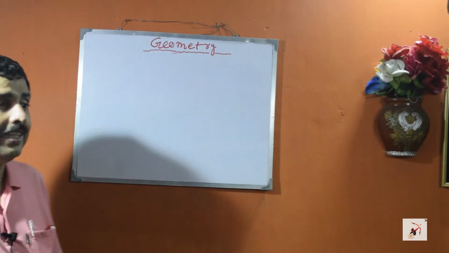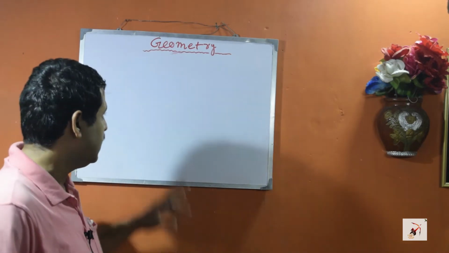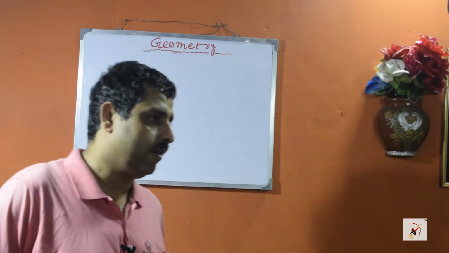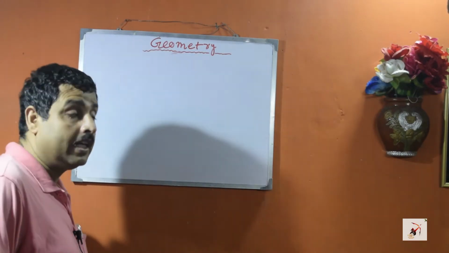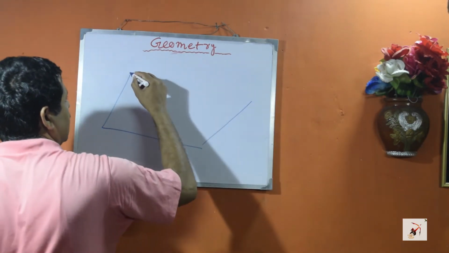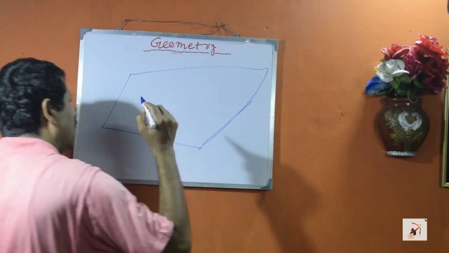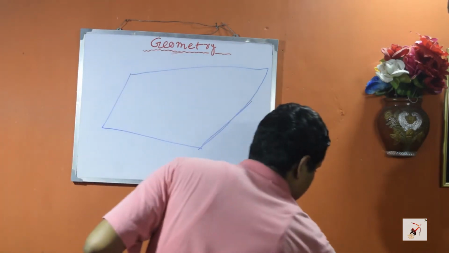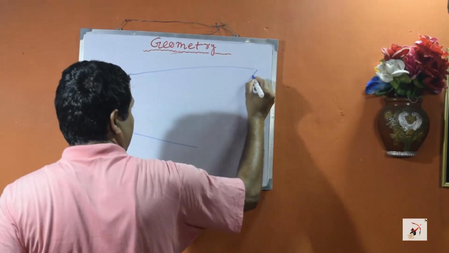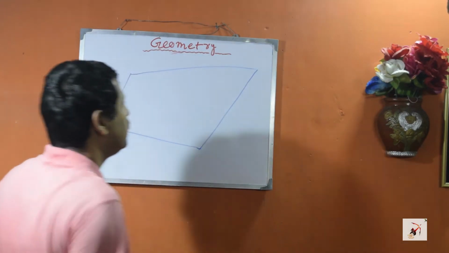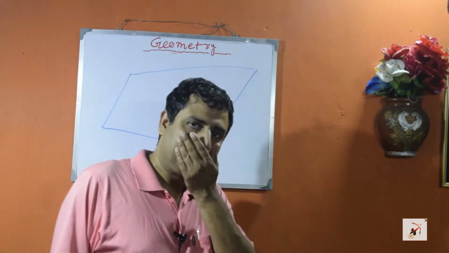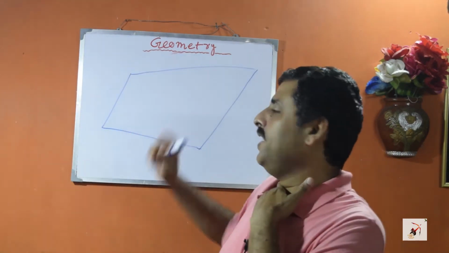When the quadrilateral is irregular, there is a distinct formula for a rectangle, a distinct formula for a square, a rhombus, and so on. But when the quadrilateral is irregular, that means the shape is of this kind, how to calculate the area of such quadrilaterals?